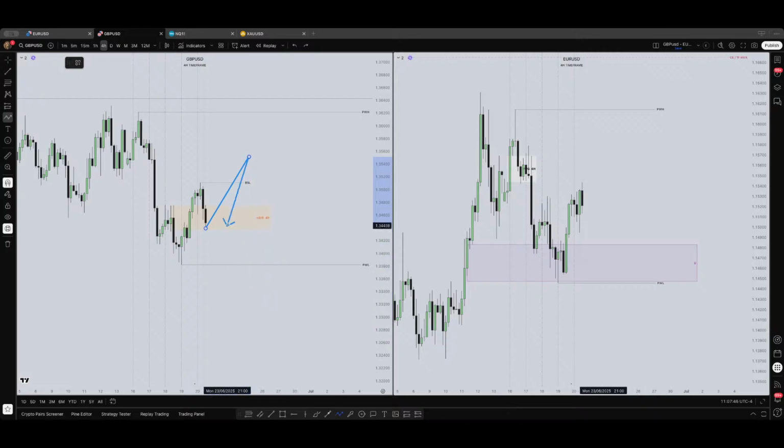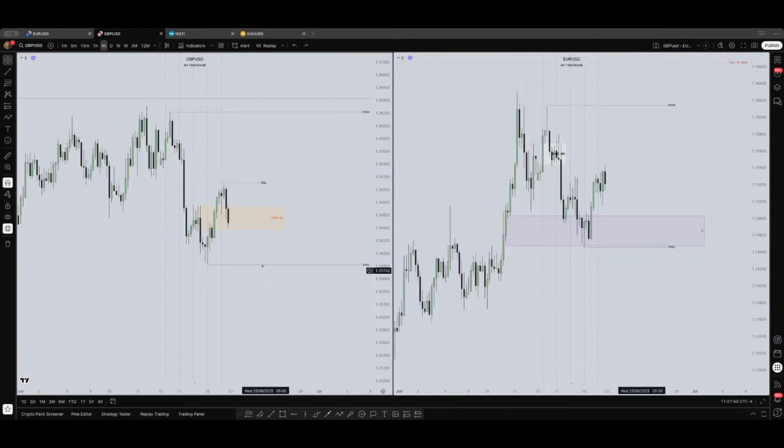If I'm bearish in GBP or EUR/USD, I don't want to see price come first here. It can happen, of course, but you understand me, no?